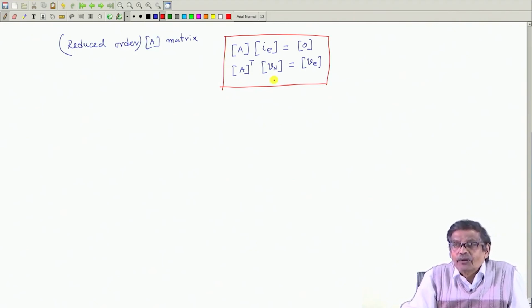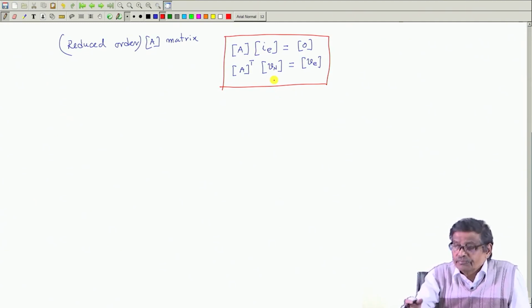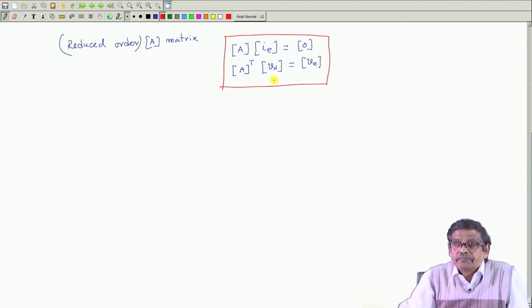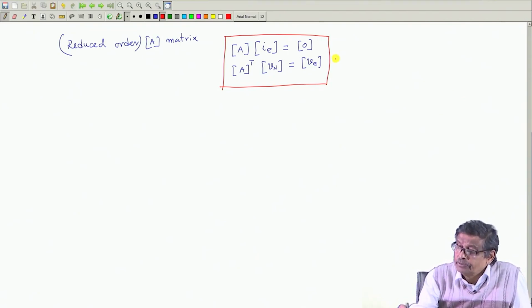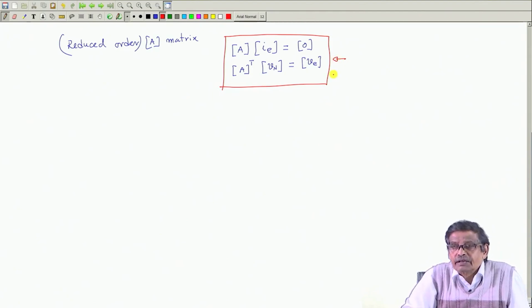If you draw the graph of a network, directed graph, and then these two are shown, these two are correct. We will come to this further. See, I have not yet talked how to solve for currents and voltages.